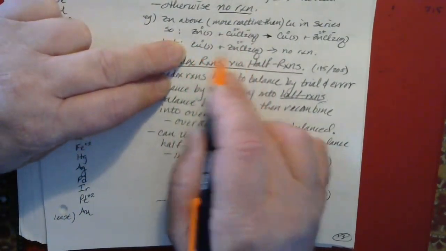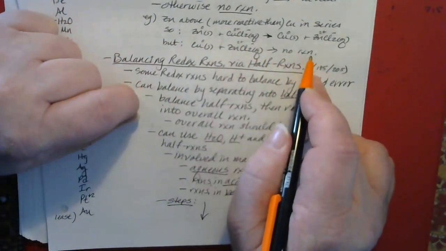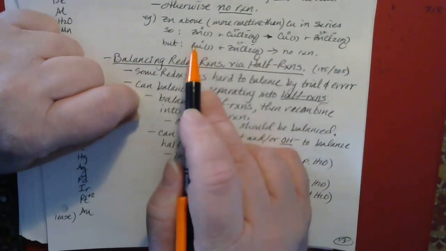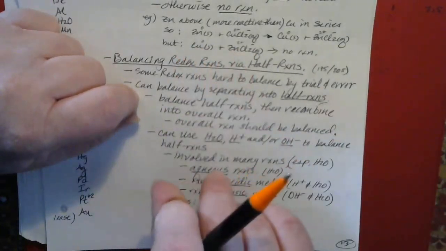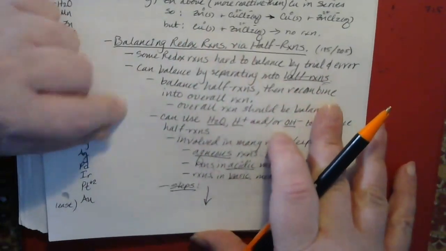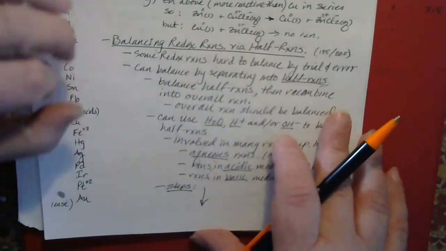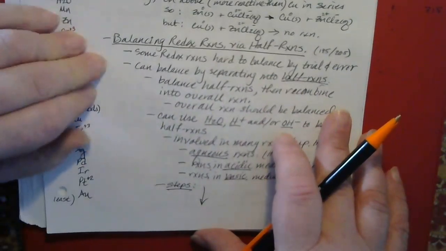So they're already happy the way they are, and there's going to be no reaction. So using the activity series, you can predict whether a combination of a free metal and a compound containing a metal should react or not. I will post that activity series on D2L at the same time that I post these lectures.